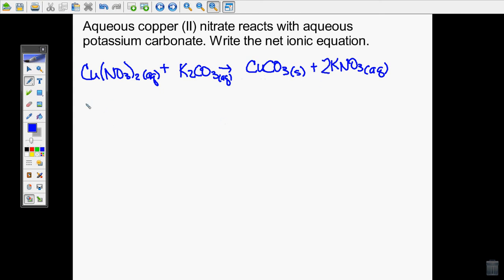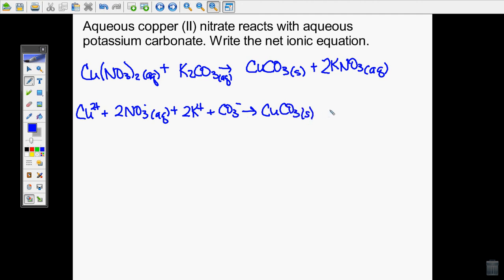I need a 2 here. Okay. Now I need to break apart my ions. So I have copper 2 plus, 2 NO3 minus aqueous plus 2 K plus, CO3 2 minus. I'm going to leave my copper carbonate alone because it's my solid, it's my precipitate.